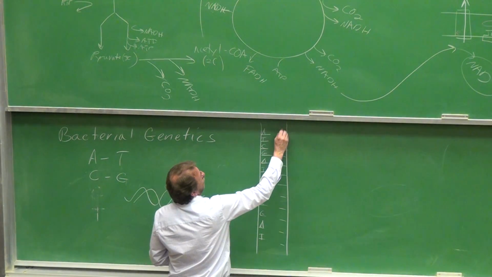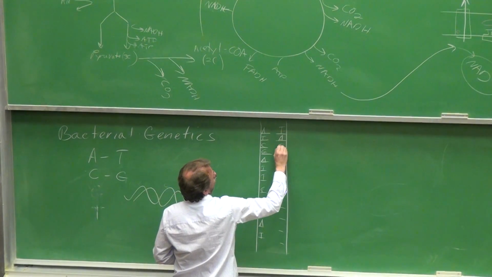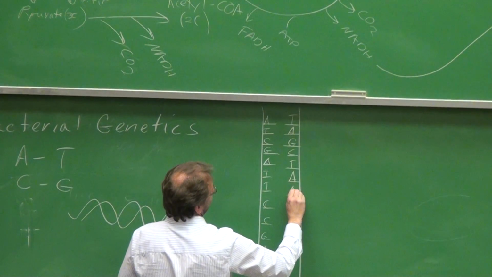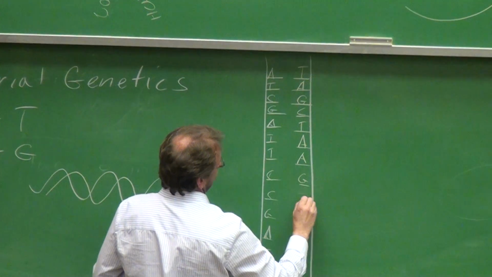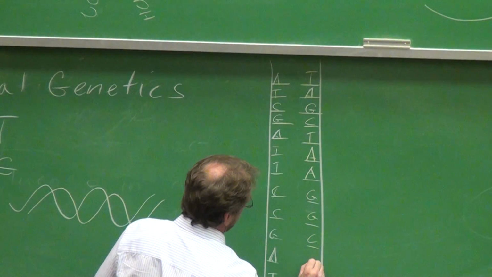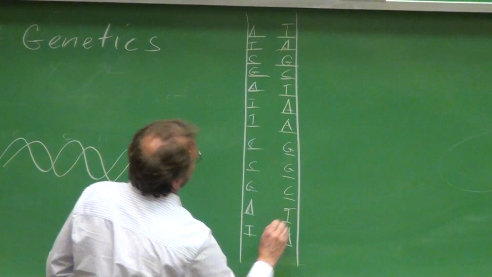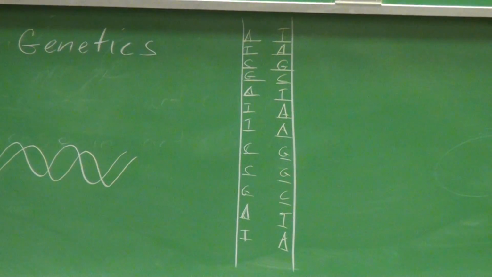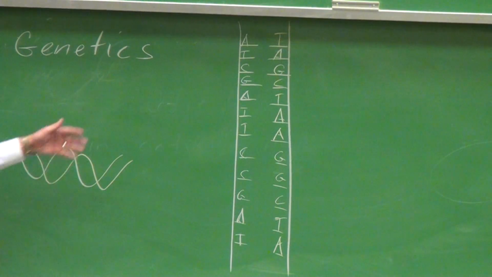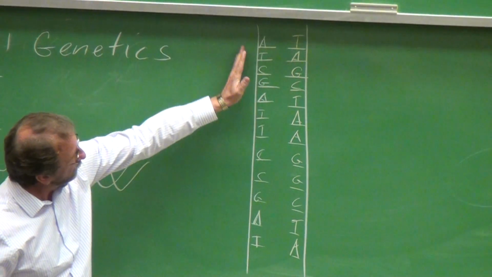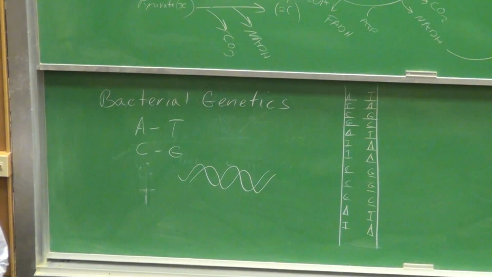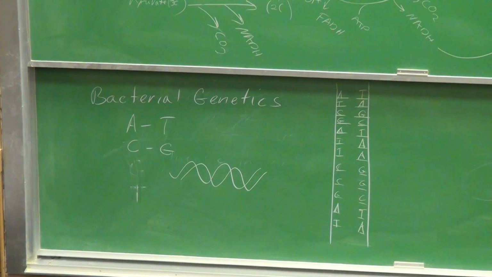And so if we were to put our complementary pairs here, everybody in agreement with what I have on the board? So I've got my DNA molecule. It's two complementary strands of nucleotides. And so this is our sequence of DNA.